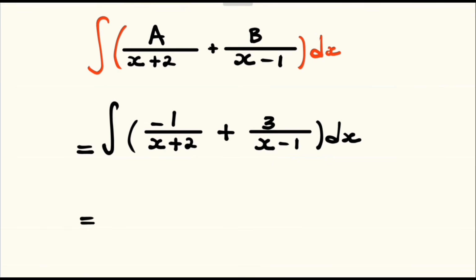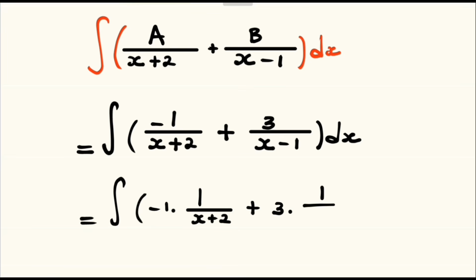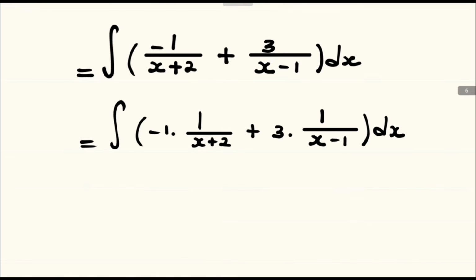Now we can integrate, or we can rearrange. So we have the integral of, we can push that negative 1 out, and we'll have 1 divided by x plus 2, and also push that 3 out, and we'll have 1 divided by x minus 1. Now we are at liberty to integrate. So we have this negative 1 multiplied by the integral of 1 divided by x plus 2.